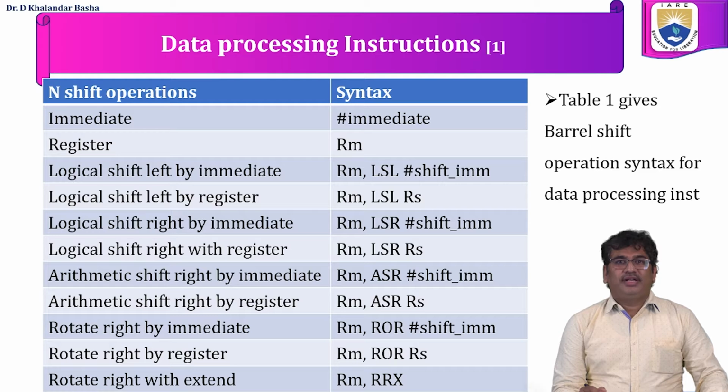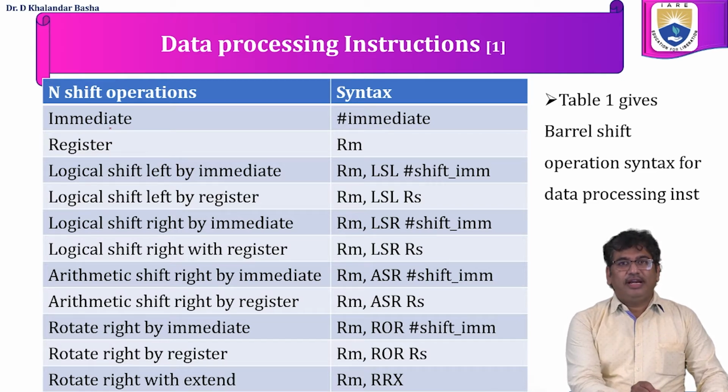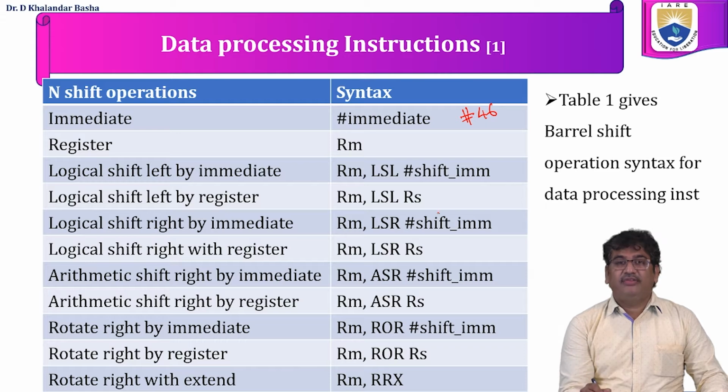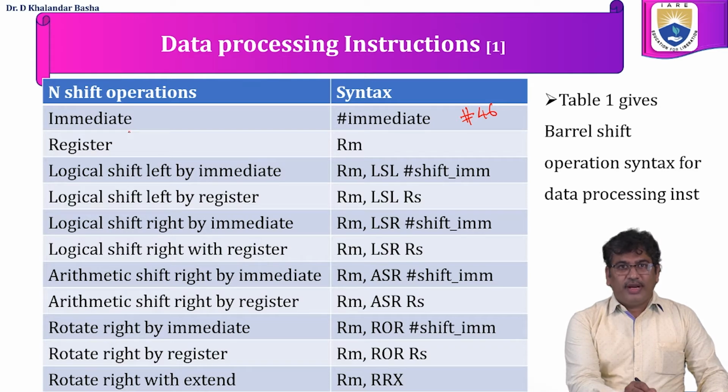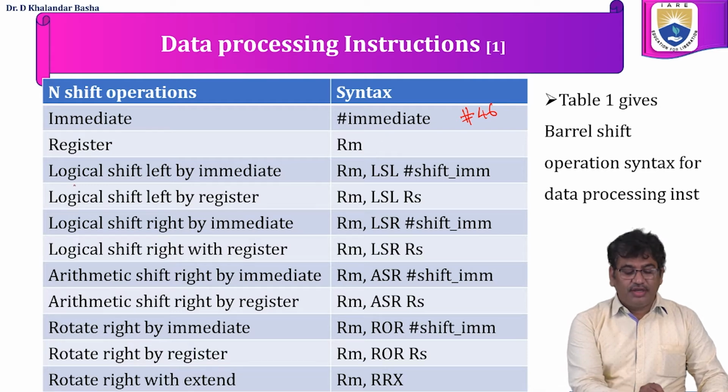Under the barrel shifter, the various shift operations which we can give through the value of N are as follows. If it is immediate data, we provide the data with a hash. Suppose I want to send the data 46, then we will write #46. Hash indicates it is immediate data. The second operand we can pass through a register, that is through Rm, without any shift operation.